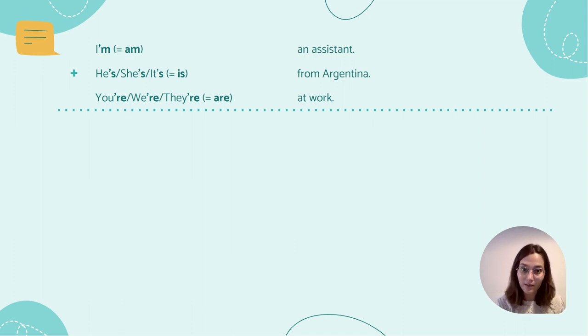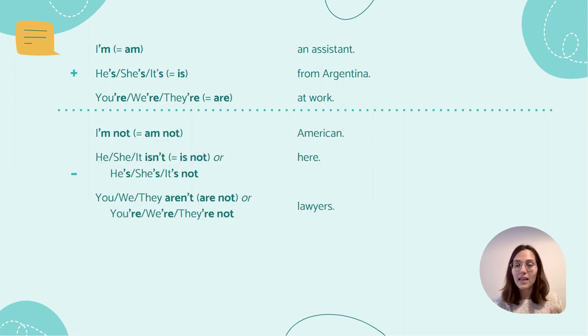You're at work. The short form is the contracted form, very common in speech and informal writing. To negate, this verb only needs not. This is a very special thing. I say, I am not American or I'm not. In the case of is and are not, they have many options.